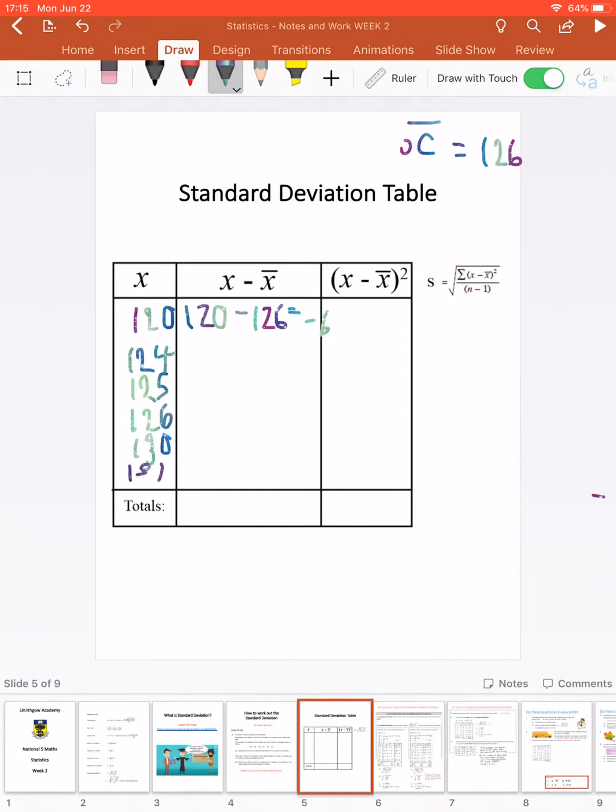Okay. Now -6 squared is the working you're doing in the last column. Now that's 36. I like to do the working all in one row. I'm going to just make this a little bit neater.